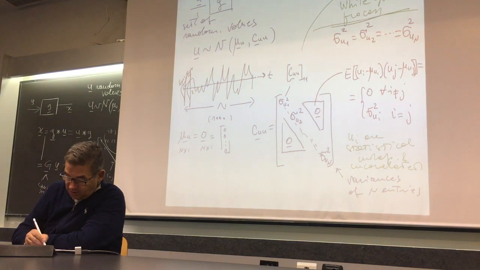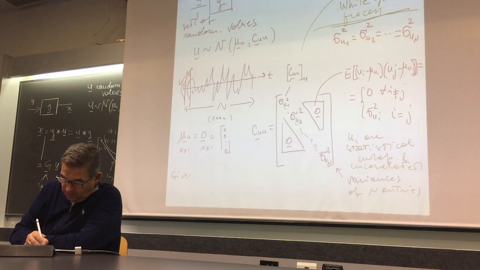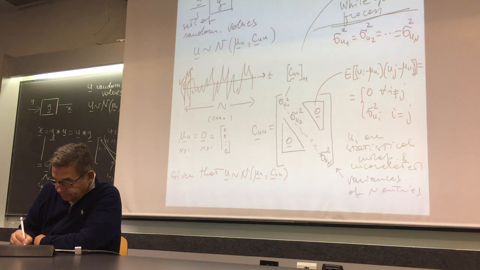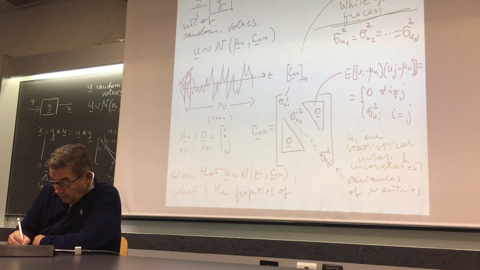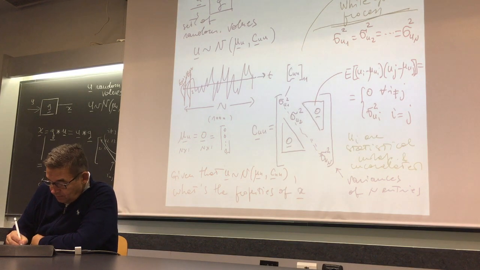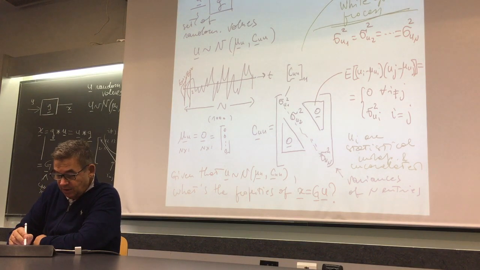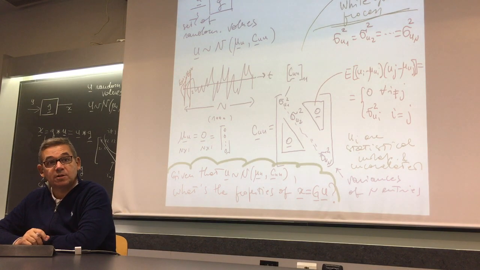So my goal is to answer this question: given that u is normal with a certain mean and a certain covariance, what are the properties of x equal to g, a convolution matrix kind of? This is the question I need to address.